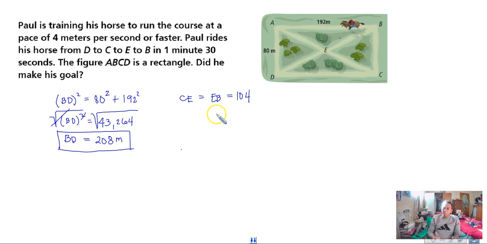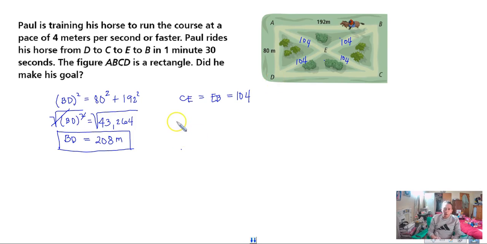Remember that the diagonals are congruent and bisect each other. So whatever you have around there will give you 104 here. This is 104. This is 104. That is also 104.